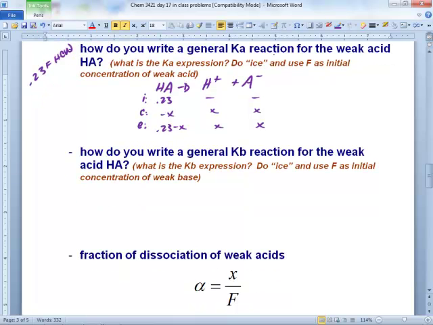How about a Kb reaction? How did we write a Kb reaction if our weak acid is HA? Yeah, we're going to add water. Water plus, not HA, A minus, because we have our conjugate base there. Conjugate base yields HA and OH minus. So the same thing.